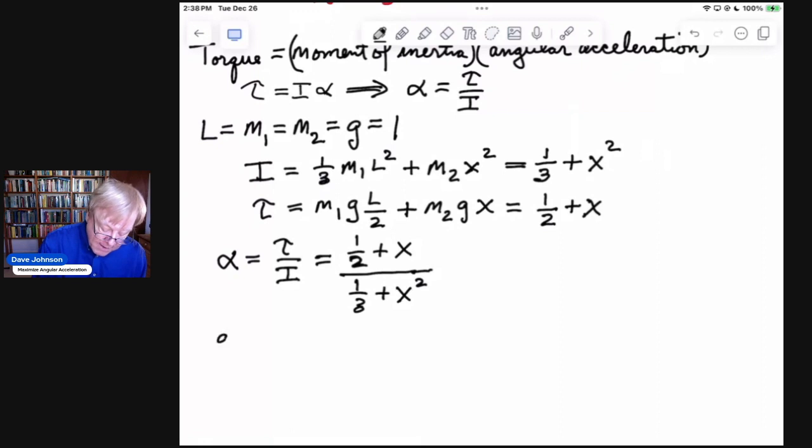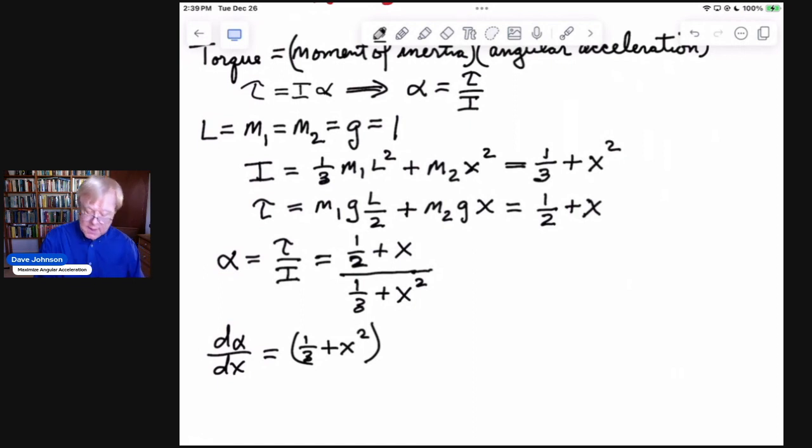We're going to find the derivative of alpha with respect to x. So d alpha dx is equal to the bottom times the derivative of the top. The derivative of 1/2 is 0, the derivative of x is 1, so we get a 1 there, minus the top, 1/2 plus x, times the derivative of the bottom.